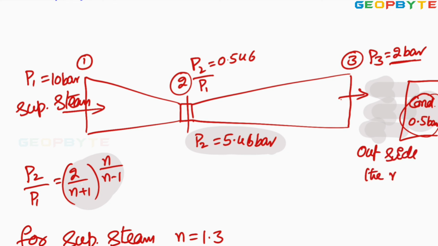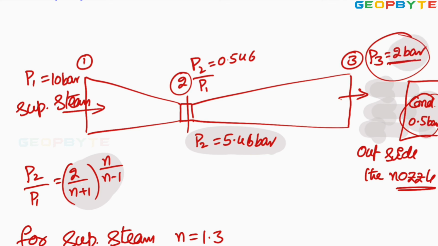That means, if the back pressure is less than the design pressure, and the back pressure is once again the condenser pressure, the pressure of the steam will drop from the design pressure, that is 2 bar, to the back pressure, that is 0.5 bar, outside the nozzle.